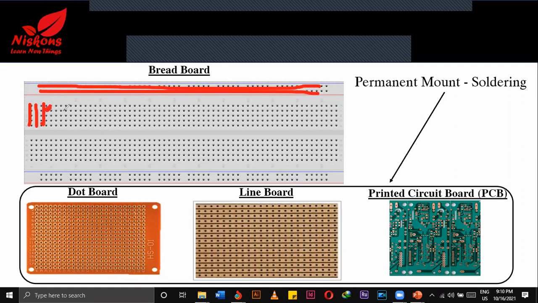These dots are connected inside it. Similarly, these lines are also connected like this. Under the bottom layer, these two lines are connected together.